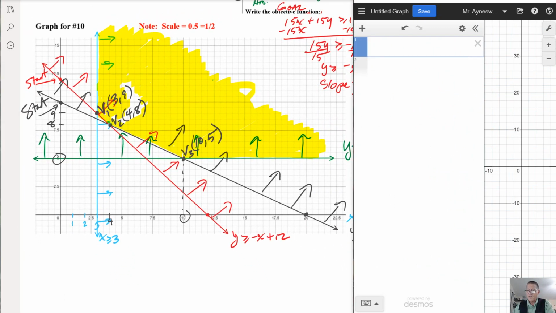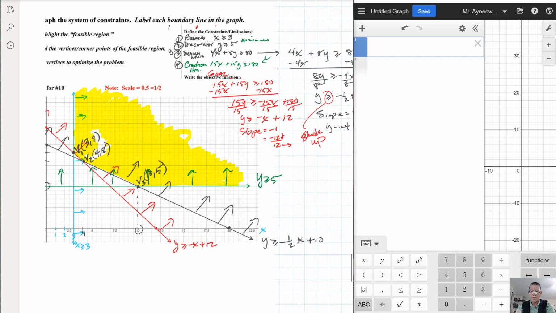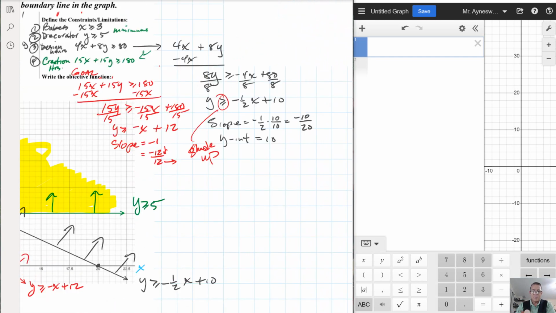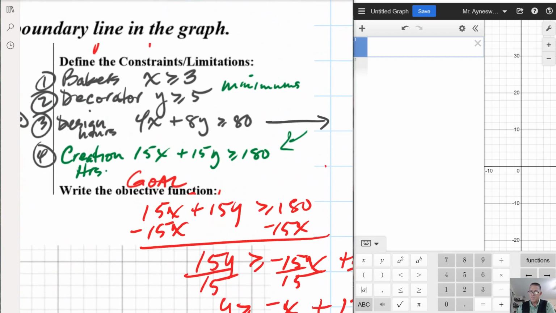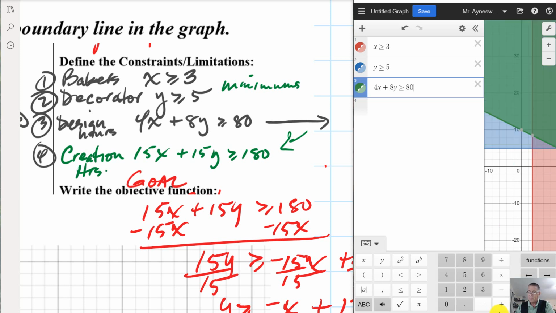So let's do it. Get ready. Do this with me too. I'm going to just type in the inequalities and then adjust the scale. Here we go. Easy as pie. Okay, or easy as cake. So x greater than or equal to 3, y greater than or equal to 5. Anybody can do this. 4x plus 8y is greater than or equal to 80.